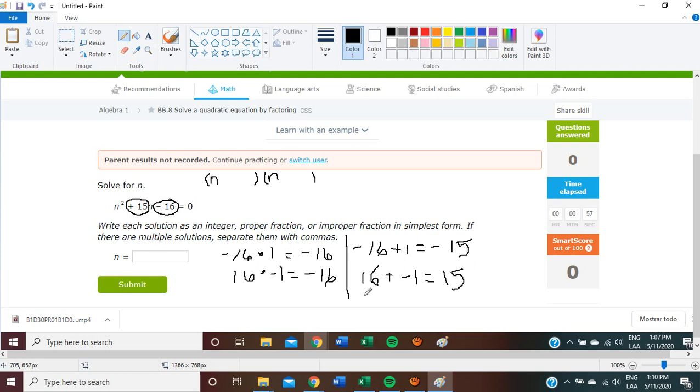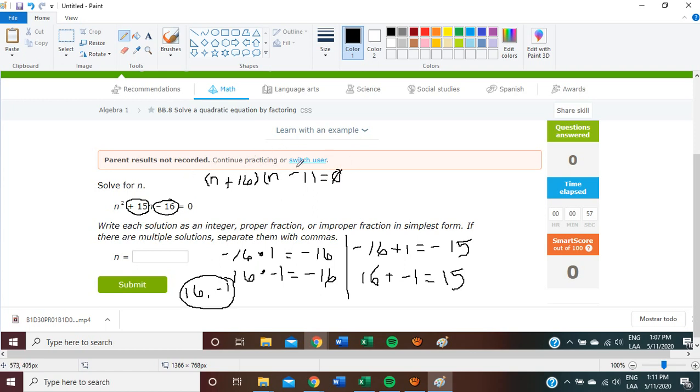So these are the numbers that I am looking for: 16 and negative 1. But I haven't finished. Here it is going to be 16 positive, plus 16, and 1 negative, minus 1. I haven't finished, so what I have to do here is equalize it to 0.